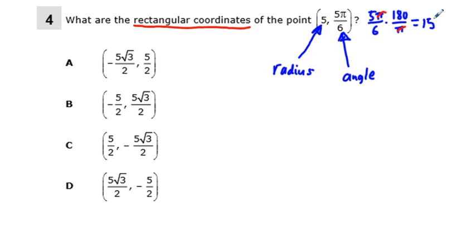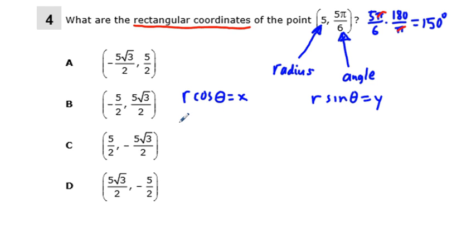There's an equation that we've gone over since the beginning of the semester. Our cosine theta equals x, and our sine theta equals y. So we can find the x and y coordinates by just using this angle and this radius.